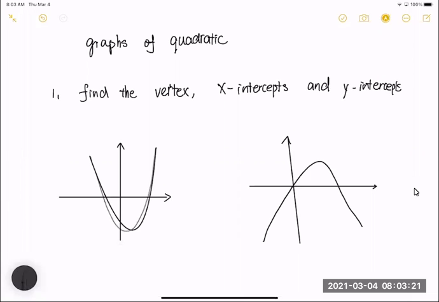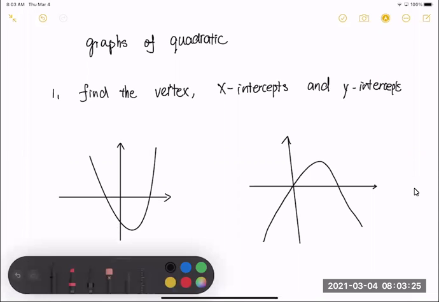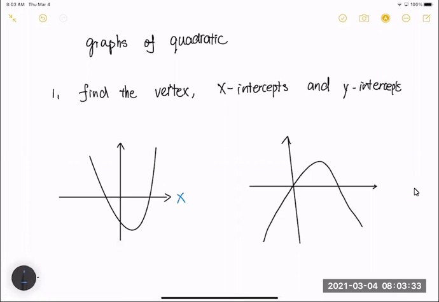Okay, so what is an x-intercept? The x-intercept and y-intercept are where the parabola intersects with the x-axis or y-axis. So look at the parabola. This point is where it intersects the x-axis, and that is called the x-intercept.